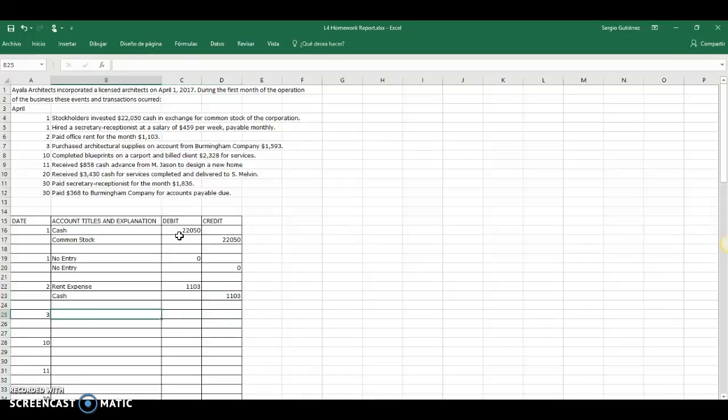On the third day, Ayala purchased architectural supplies on account from Birmingham Company for $1,593.